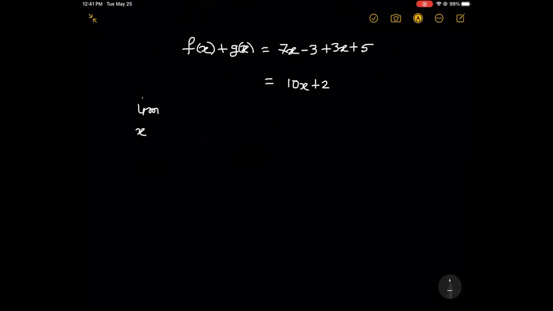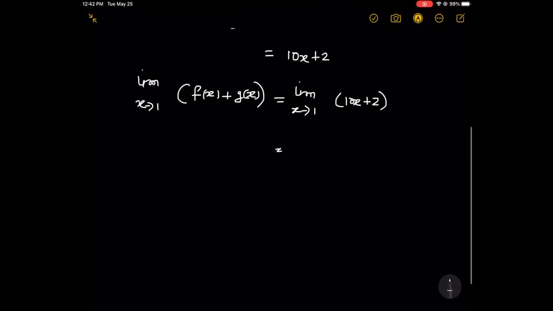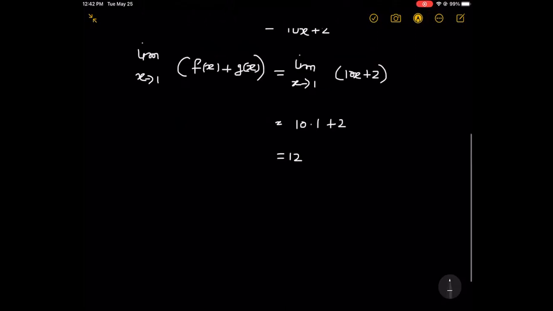Limit x tends to, let's say, 1 of f of x plus g of x equals limit x tends to 1 for 10x plus 2. Since it's a linear function, I can straight away plug in 1 in place of the x's, right? So 10 times 1 plus 2, which gives me 12. Do you agree?